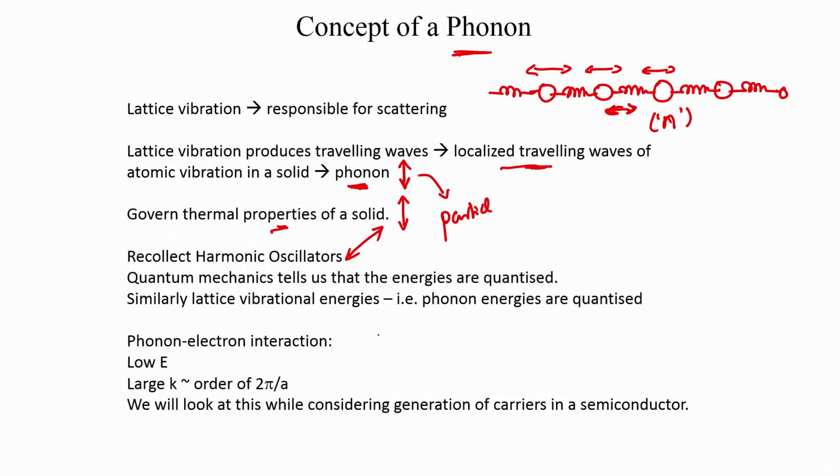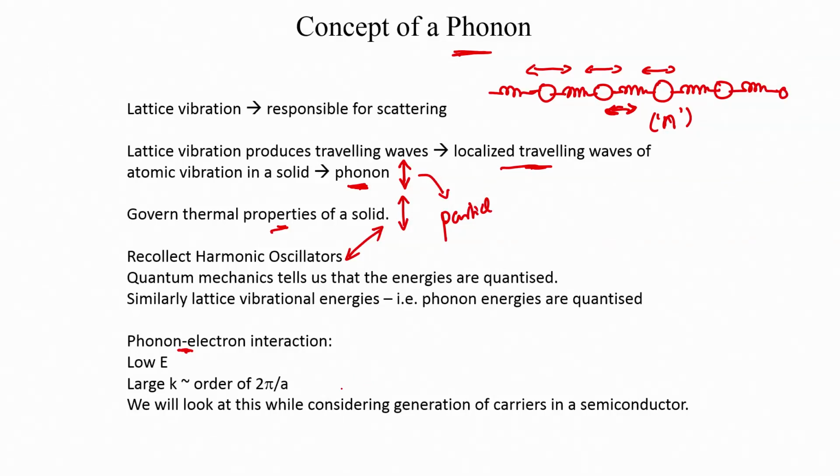We saw that the energies in the harmonic oscillator were all quantized, and therefore it can be expected that the lattice vibrational energies in a crystal are also quantized, or in other words, the phonons can only take certain discrete energy levels. Of interest to us in this course is the interaction of the phonon with an electron, which we will look at when we talk about thermal recombination generation mechanisms.